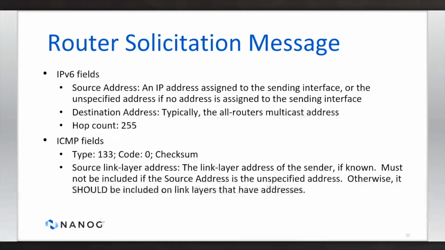You don't want a router solicitation message getting onto your link that originated many hops away. So if the hop count isn't high enough, you will drop the message. Then the ICMP fields: there's a type, 133, and a source link layer address, and that's the link layer address of the sender if known, and generally it is known. And that's your router solicitation message.